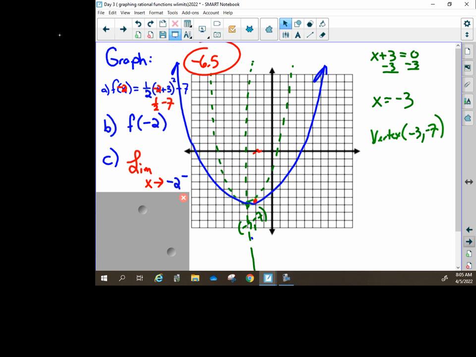What's the limit as it approaches negative 2 from the left? There's my car. We're coming in from the left.